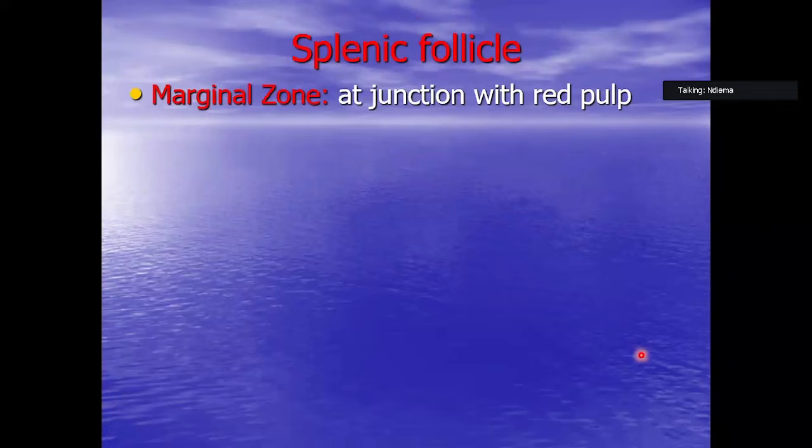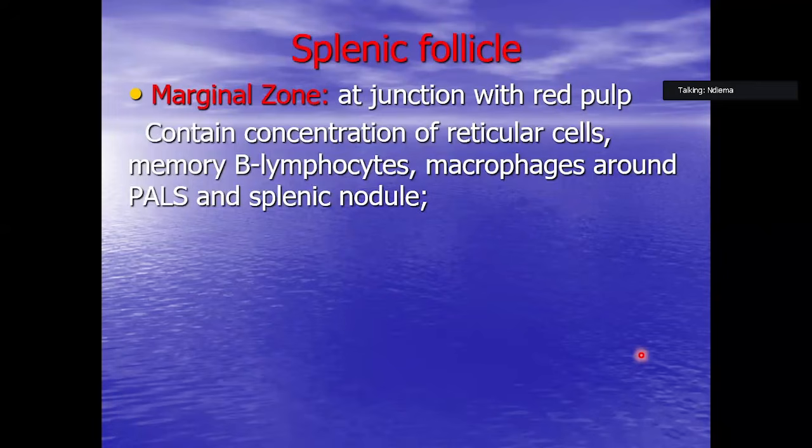In the splenic follicle, that's the nodule, the marginal area. Remember, we have the germinal center, we have the mantle, and then we have the marginal zone. The marginal zone is the junction to the red part. What activity do we have in the marginal zone? The marginal zone contains reticular cells.